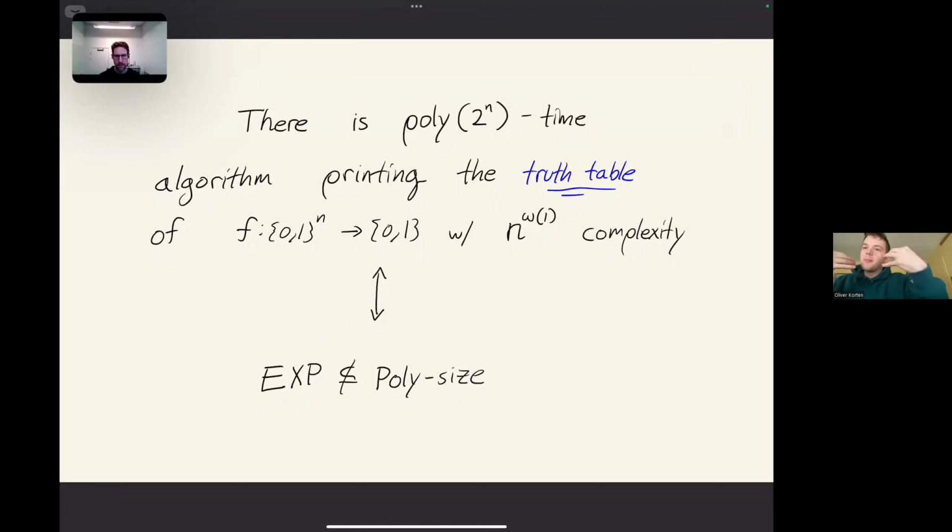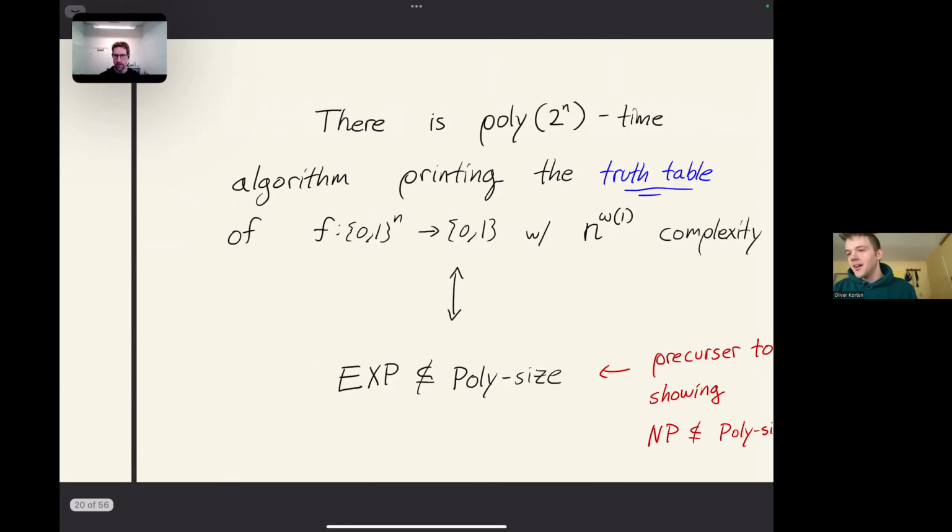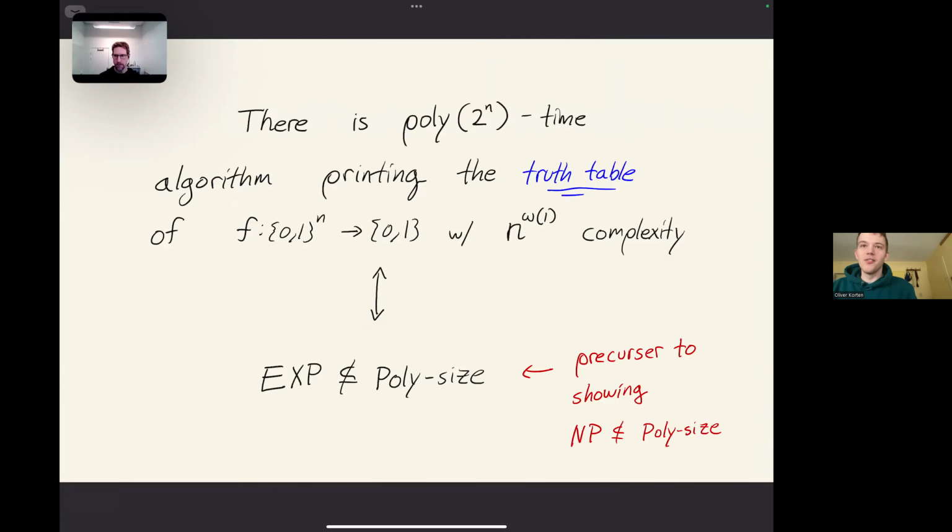If we could have an algorithm that could print out an example meeting Shannon's non-constructive argument in time that's polynomial just in the length of the whole truth table, and that it has high circuit complexity, this is equivalent to a certain circuit lower bound saying that exponential time does not have polynomial sized circuits. And without getting too much right now into the details of what that means, this is an important precursor to proving what we really want to prove, that NP does not have polynomial sized circuits, which would tell us that P is different from NP.